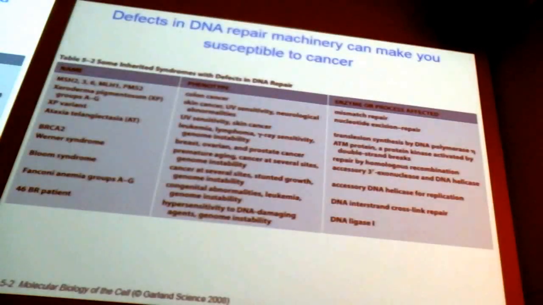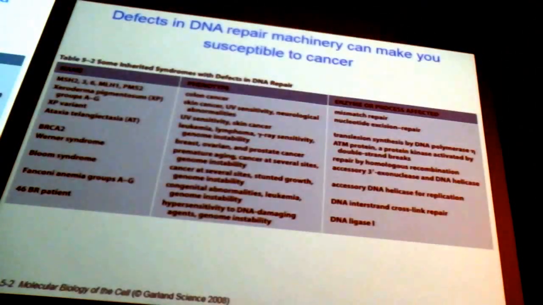Okay? So to finish off, I just want to put this table up to remind you that this process of DNA repair and DNA replication is absolutely crucial to keep us from getting cancer.